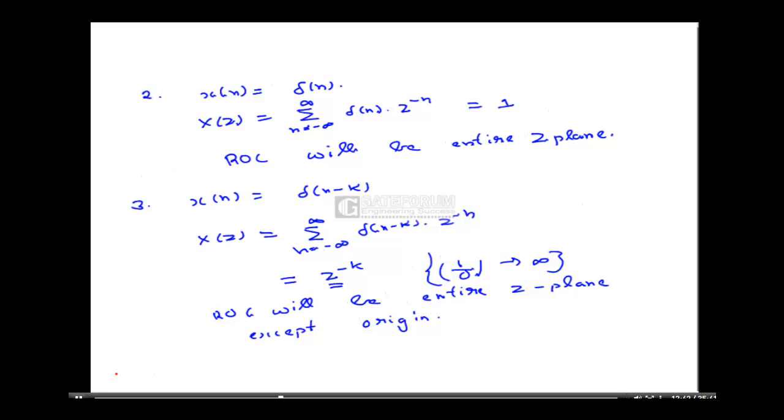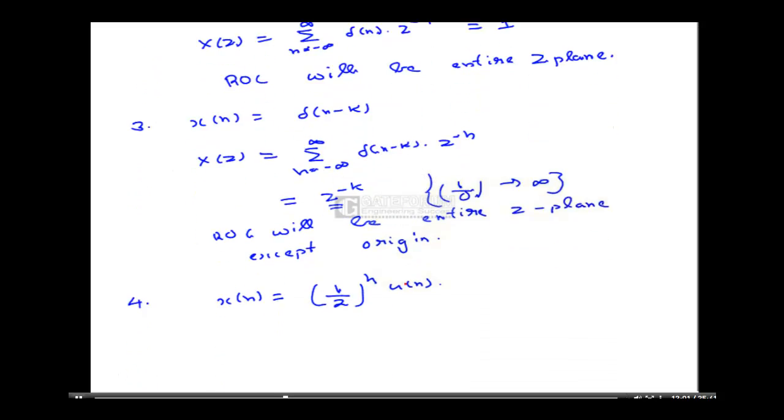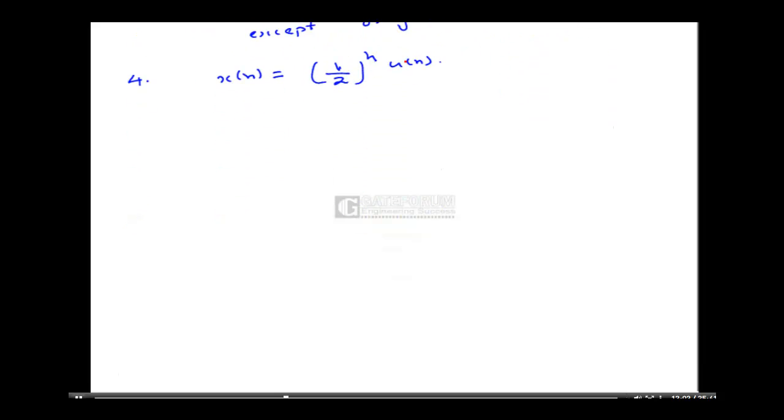Let's see one more problem. The problem is slightly different. Suppose x[n] is equal to (1/2)^n u[n]. This is an infinite duration signal. How do we find the Z transform and the ROC for it?